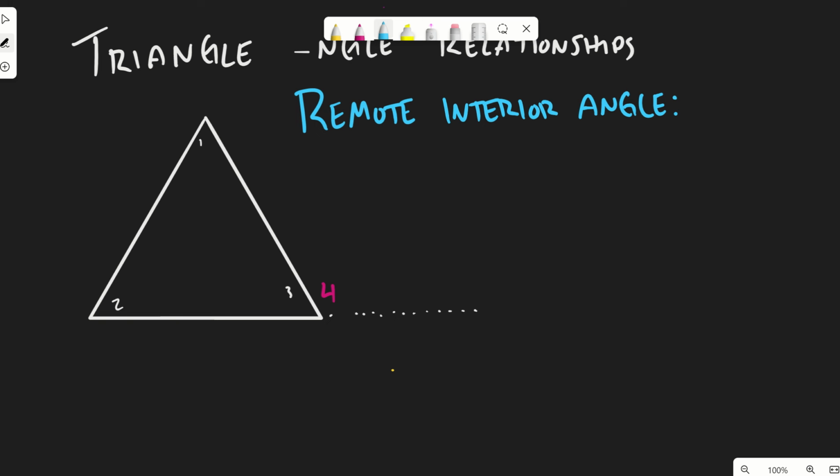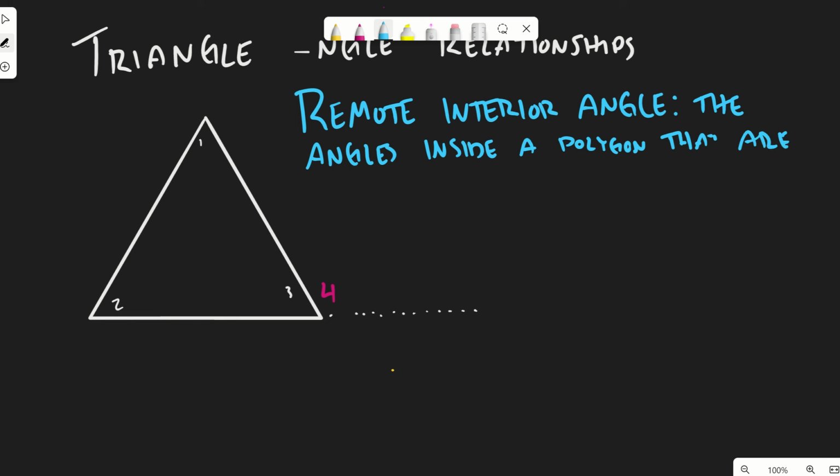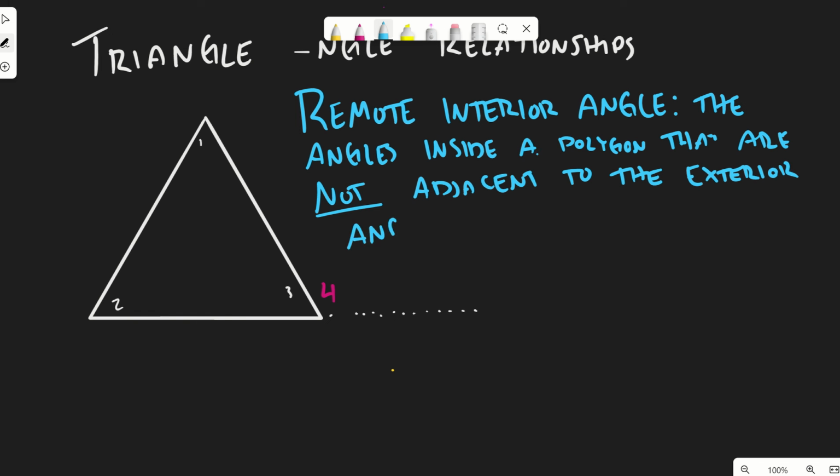Remote interior angles are the angles inside a polygon that are not adjacent, or next to, the exterior angle.